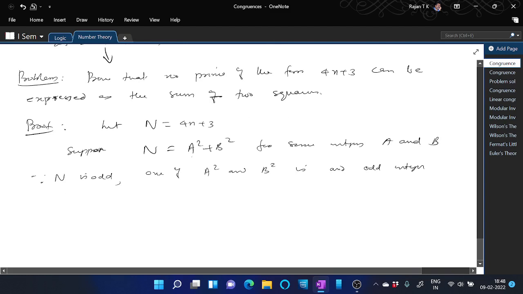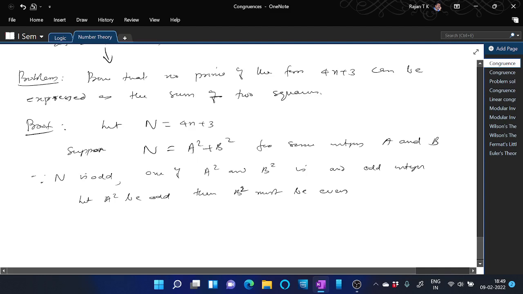So let us assume that a square is odd. At the same time, b square should be even. Then b square must be even, otherwise a square plus b square will be even: if both are odd, then clearly the sum is an even number.